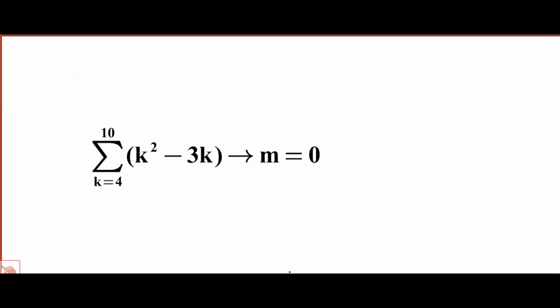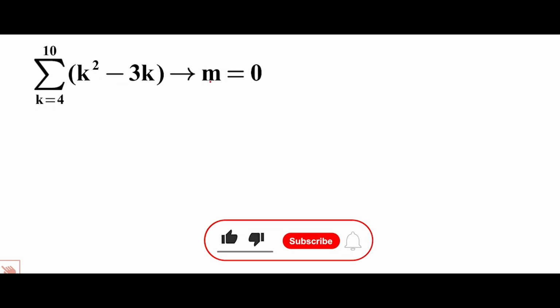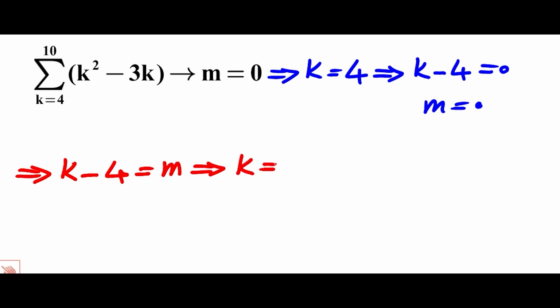Number 3. Rewrite the summation so that the index starts at m equals 0. If k equals 4, then k minus 4 equals 0. And we want the new index to start at m equals 0. So k minus 4 equals m, or k equals m plus 4.